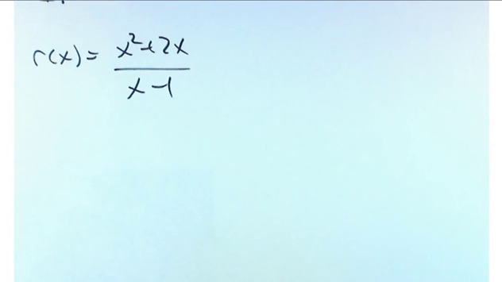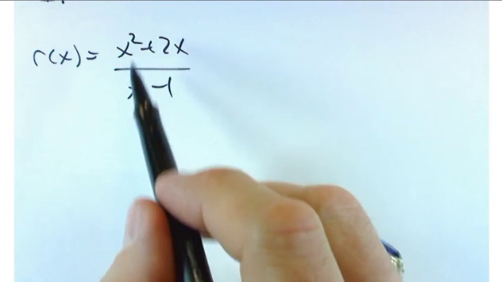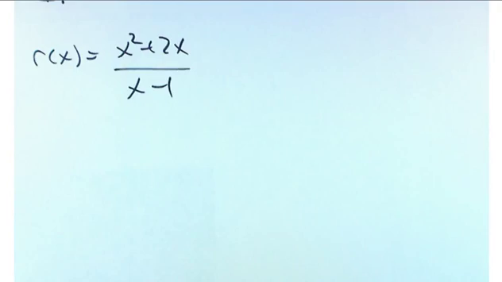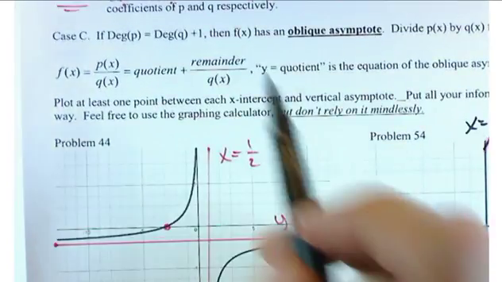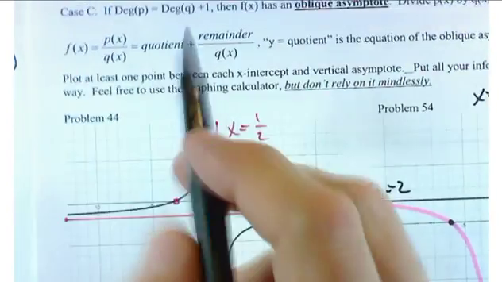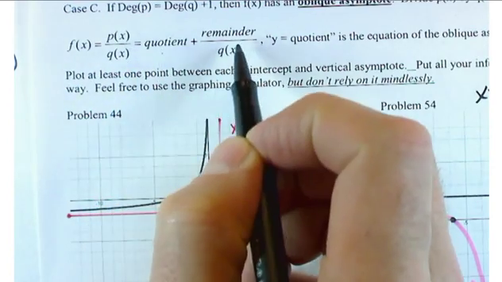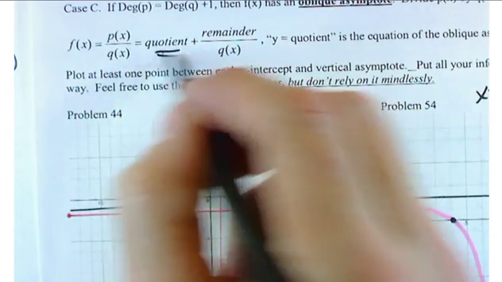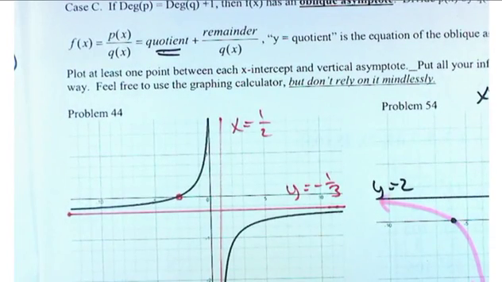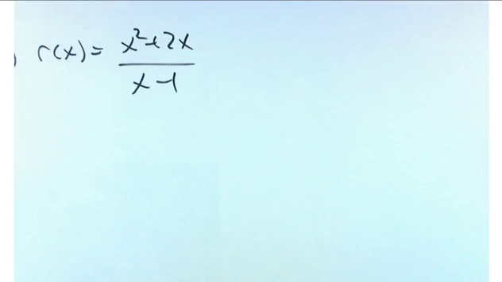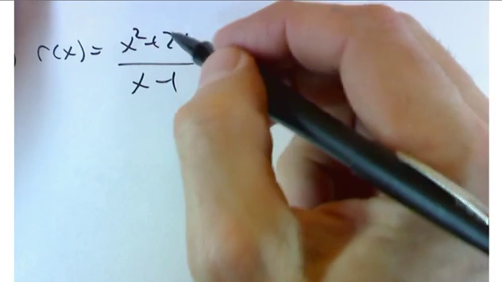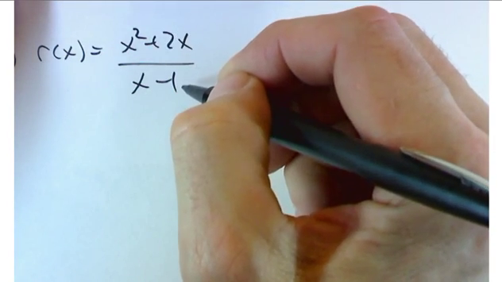Now to understand and figure out what that slant asymptote is, and notice the degree of the numerator is 1 bigger than the degree of the denominator, what you need to do is divide. So you're going to come up with the quotient and the remainder. And it's going to be this quotient that gives you the equation of your slant asymptote. So I need to divide x squared plus 2x by x minus 1.